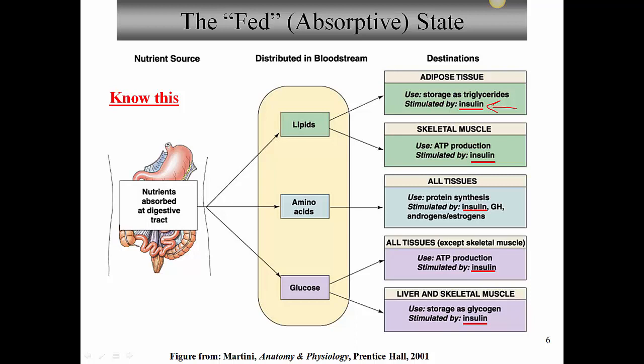What this will do is it'll promote the uptake of glucose by cells, and it will also change the metabolic pathways of cells to go into what's called a storage mode. So we'll store glycogen, for example. We'll store the excess fats as triglycerides, interconvert molecules so that we can store them as glycogen and triglycerides, increase the synthesis of proteins. So insulin is really the major hormone of the fed state.